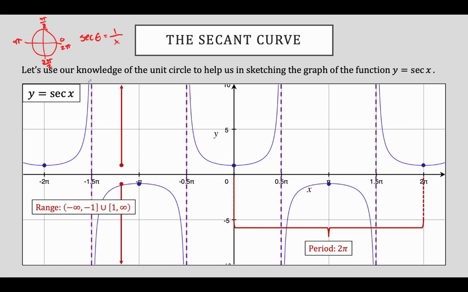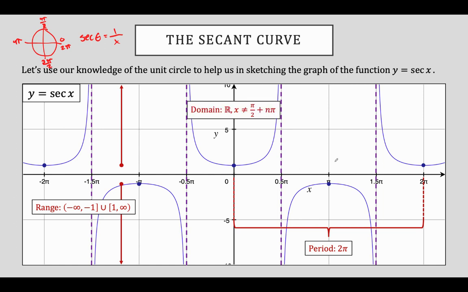Our domain. Again, we have to account for all of the possible vertical asymptotes. So we say the domain is all real numbers except x cannot equal. We pick a vertical asymptote. Here I have one at pi over 2, and add on n times however frequently they occur. Notice that they occur every pi units.